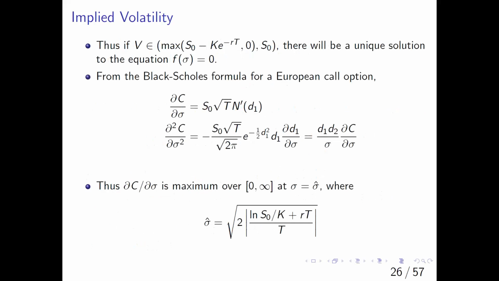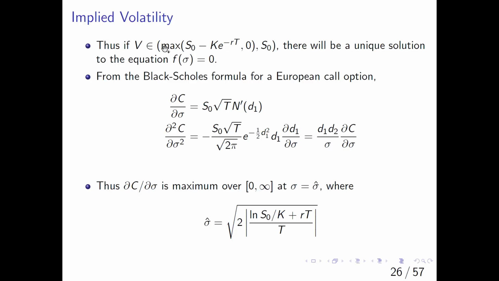Based on this, we can get the initial guess. We don't need the bisection method to find the initial guess first when we apply the Newton method to solve for implied volatility. If V falls in between this range, there will be a unique solution.